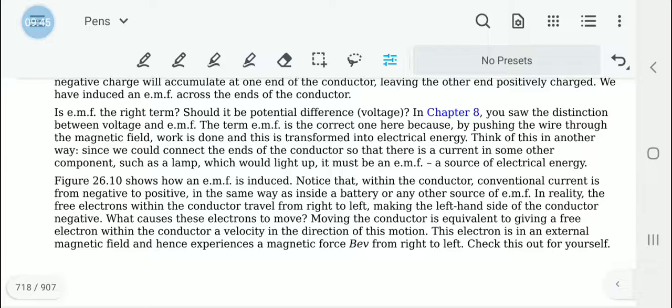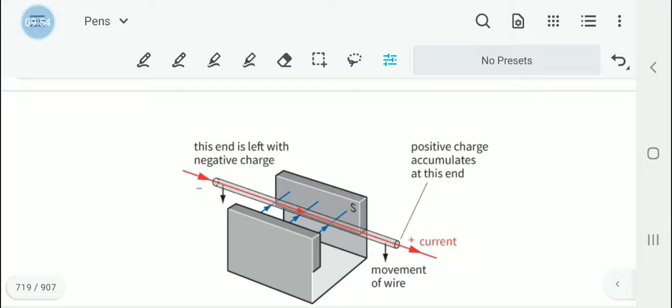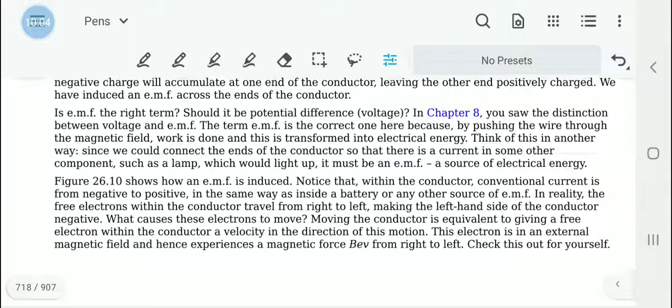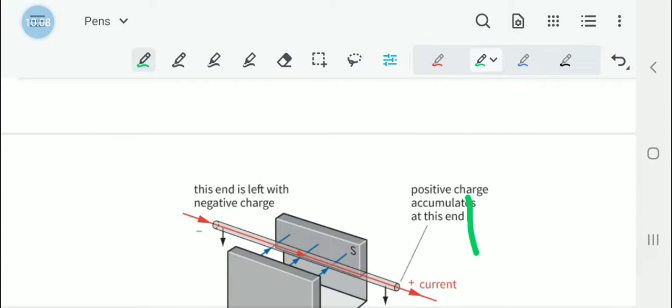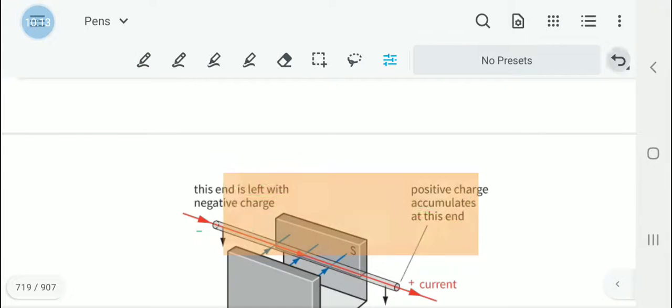So we know that free electrons within the conductor will travel from right to left. The reason why this becomes positive is because electrons have traveled. Electrons have traveled from right to left. I hope that makes sense.